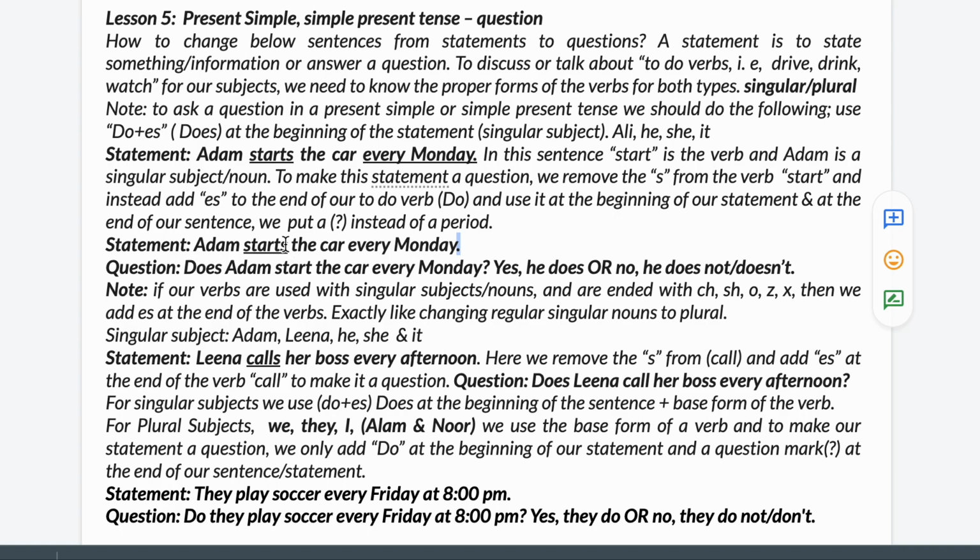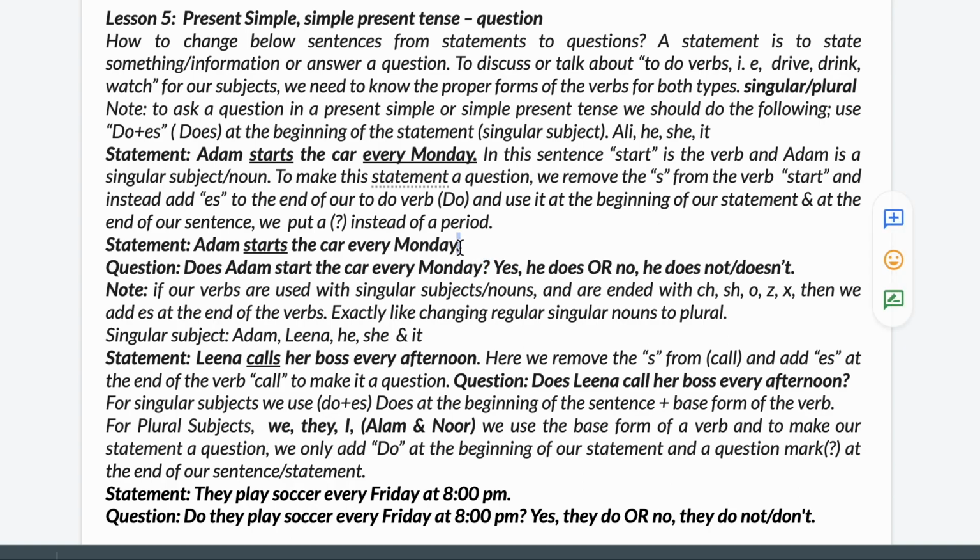Some people say we put this s here and we put e from ourselves, make it a does. So when this s is gone, the verb starts is not starts anymore. It becomes a start. So we say, does Adam start the car every Monday? And then what's the difference at the end? What's the change?